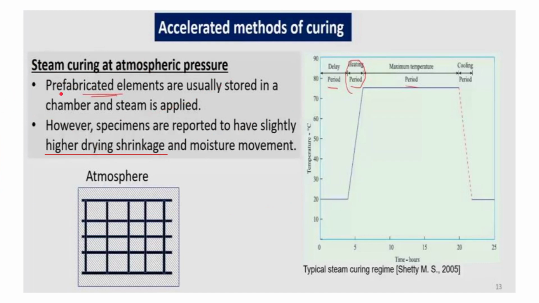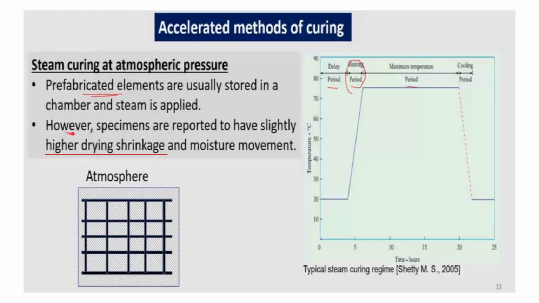pressure. In this case, the prefabricated elements are usually stored in a chamber and steam is applied. Steam, basically a heated gas containing moisture, is applied to the prefabricated elements.